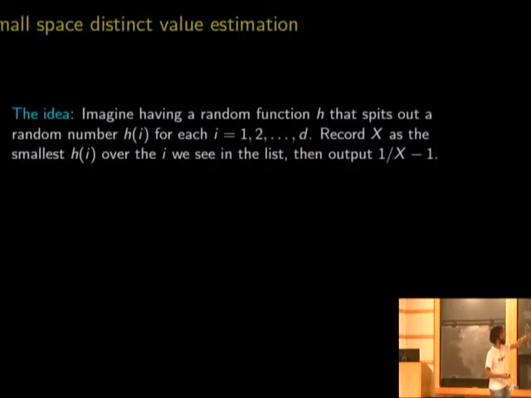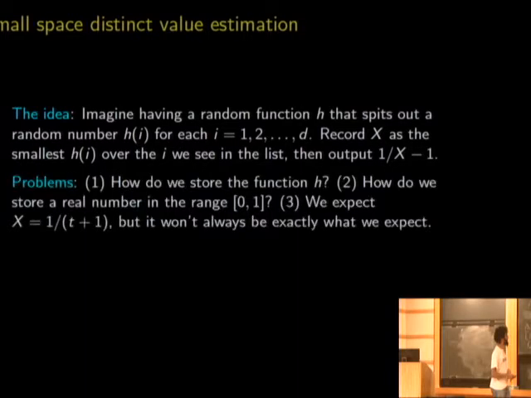It's going to record the smallest h(i) value I've ever seen over all the i's in the list. And what's the idea behind why this works? Let t be the answer, the number of distinct integers in the stream. I'm seeing h(i) for t different values of i, the t different values of i that are in the stream, and I expect the minimum to be 1 over t plus 1. Then when I invert and subtract 1, hopefully that'll be t.